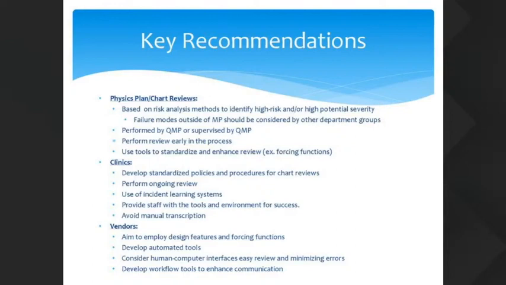Form a team, look at your process, and you can use the same failure modes that we came up with and see how you rank them in your clinic. But identify the high risk and or high potential severity. Failure modes that are outside of the purview of a medical physicist should definitely be considered by other department groups.